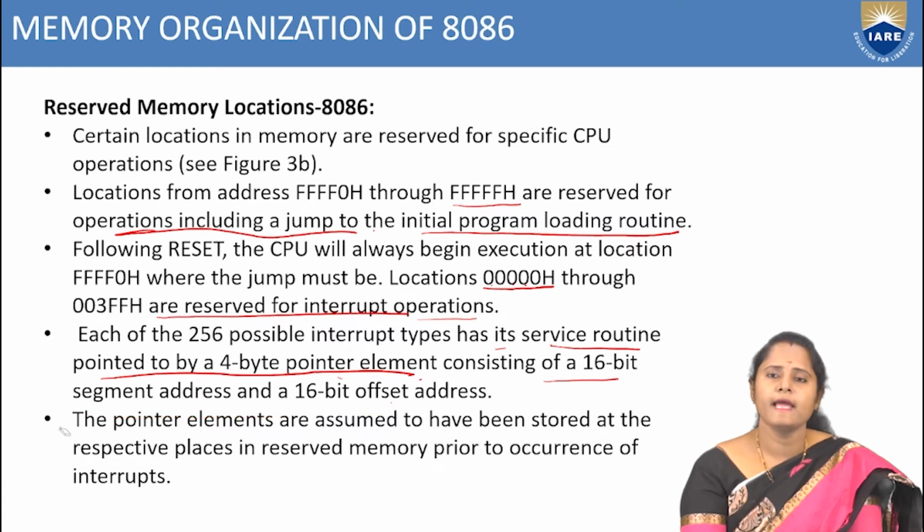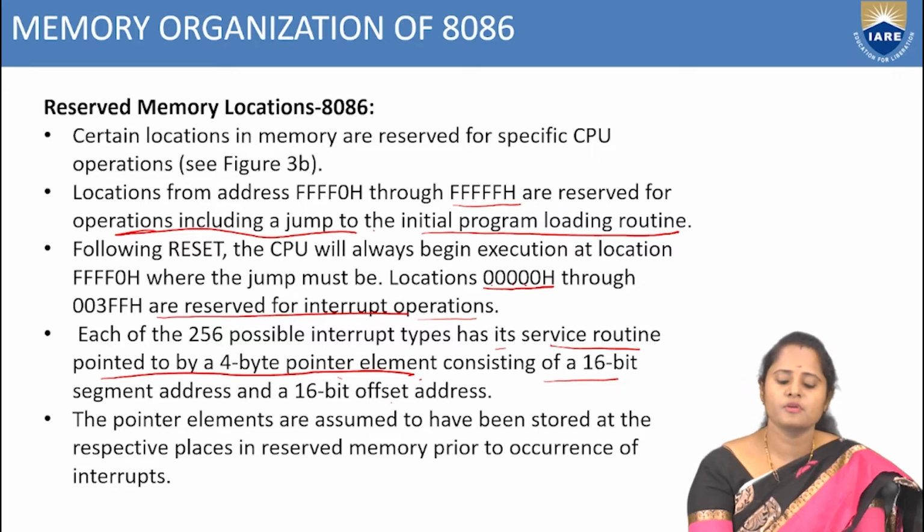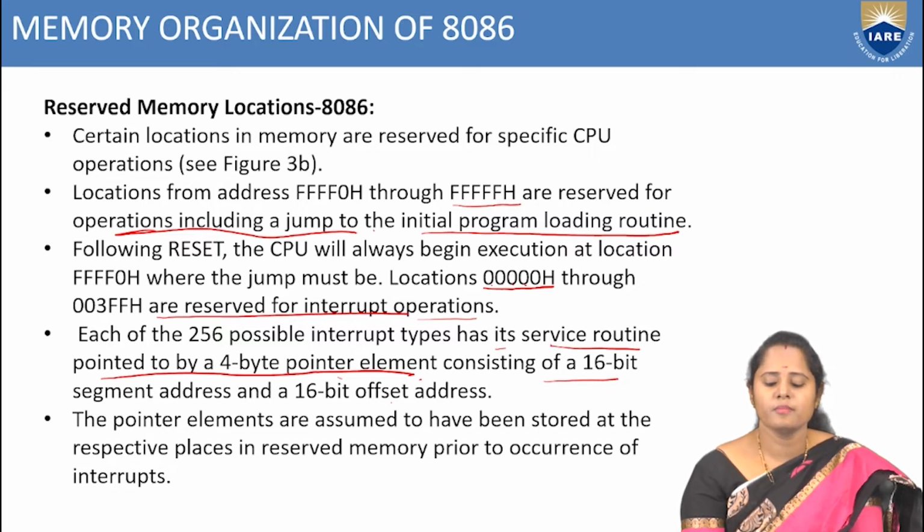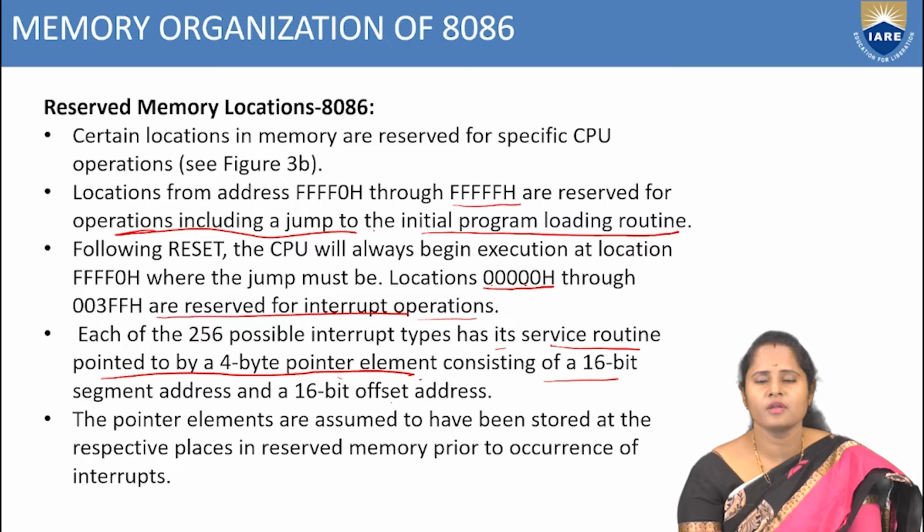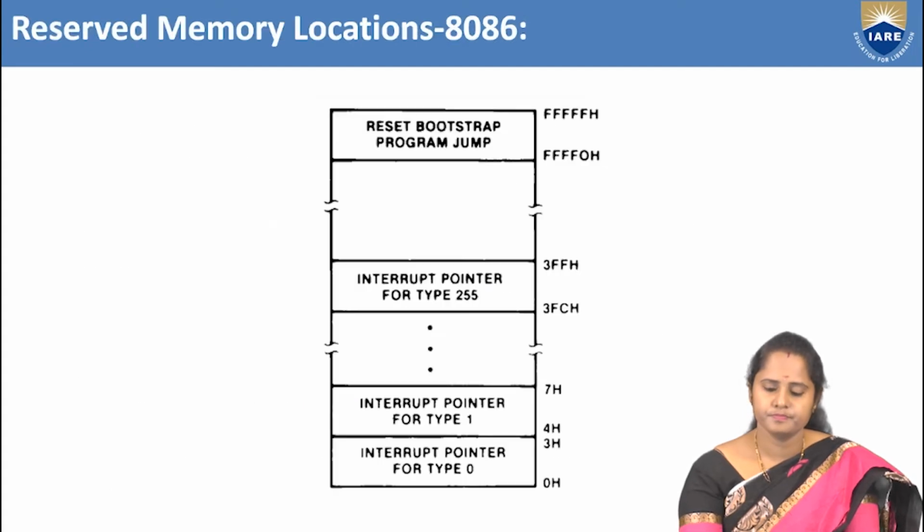The pointer elements are assumed to have been stored at respective places in the reserved memory prior to the occurrence of the interrupt. Depending upon the priority occurrences, it needs to store the content or the information only in the reserved memory location which is assigned to it.